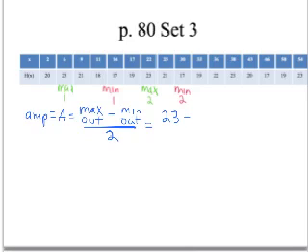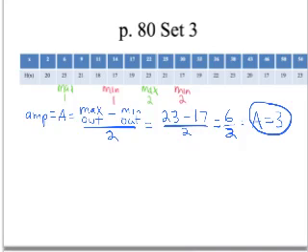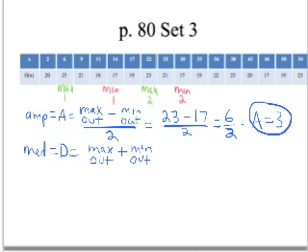So that gives me an amplitude of 3. Now it's time to find the median, which is D, and that's max output plus min output, which is 23 plus 17 divided by 2, which is 20.